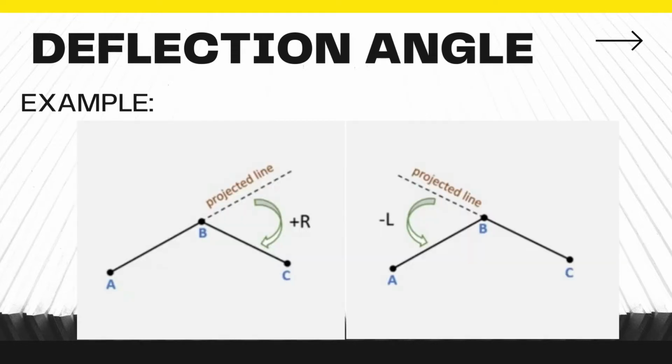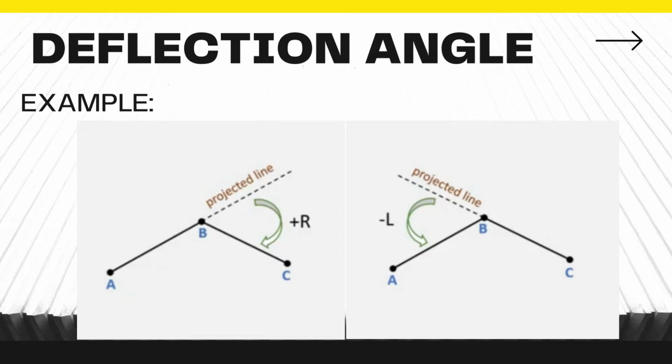So let's look at an example. We will start with the given example at the right. To determine the deflection angle between lines AB and BC, from line AB we project a line from the ending point, and that projected line will be parallel to line AB.